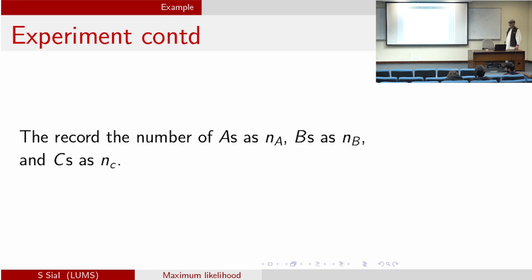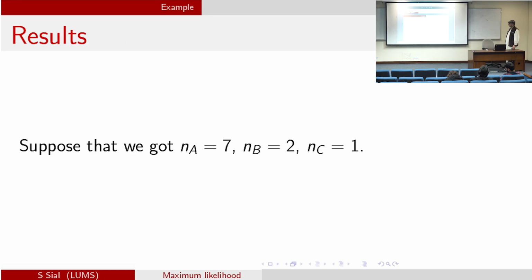Okay? And we must have that n sub A plus n sub B plus n sub C is equal to the total 10 trials. Okay, so let's say we did that, and we found that n sub A is equal to 7, n sub B is equal to 2, and n sub C is equal to 1.